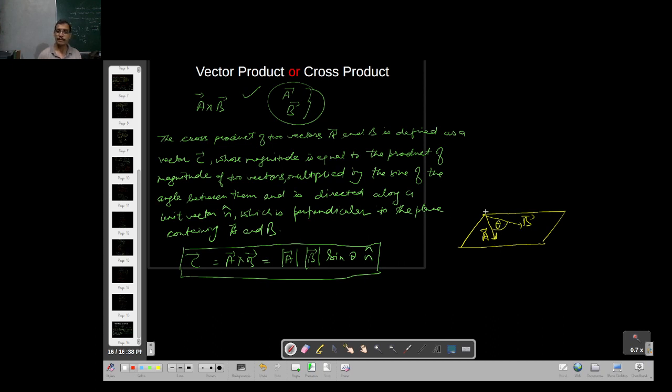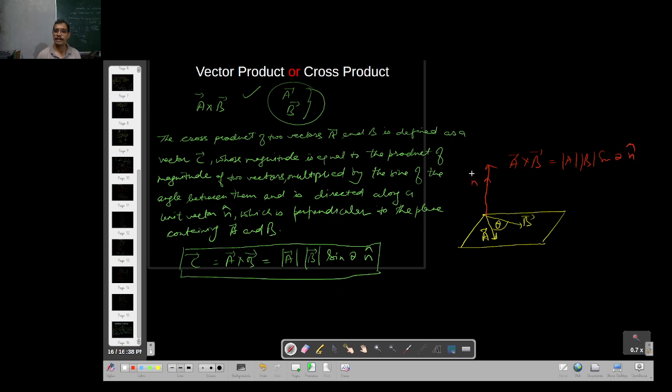Then a vector which is perpendicular to these two vectors is known as a cross b, equal to a b sine theta, and this direction is n cap.